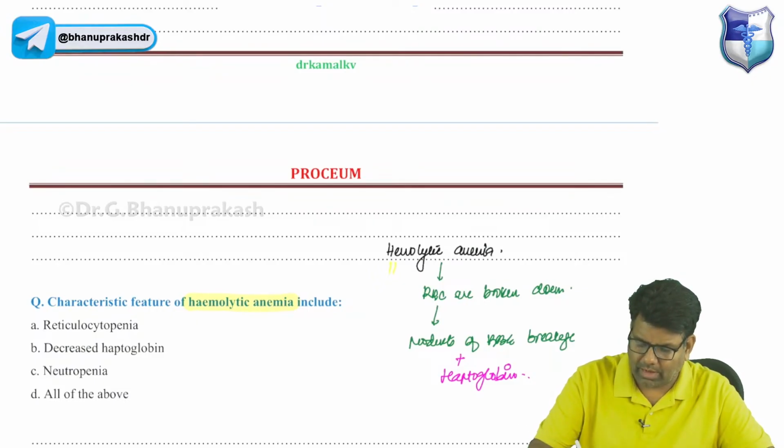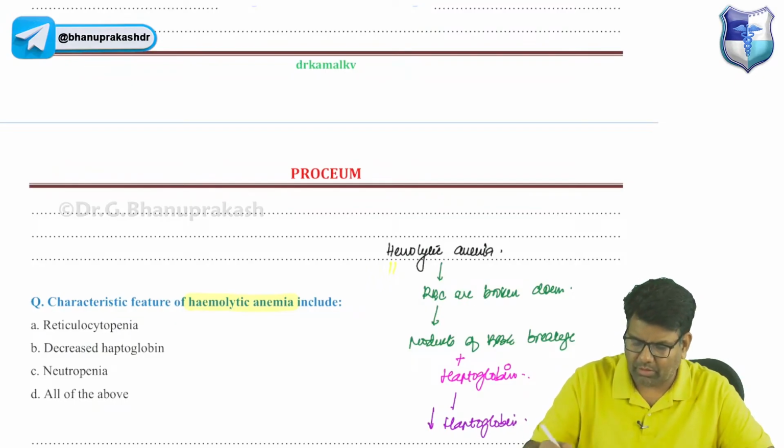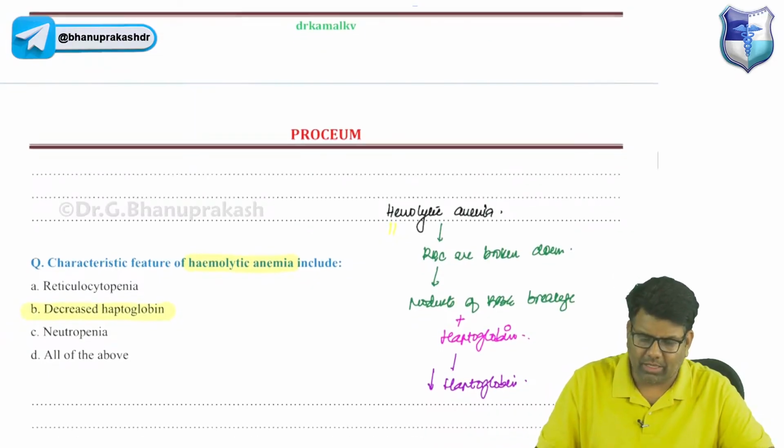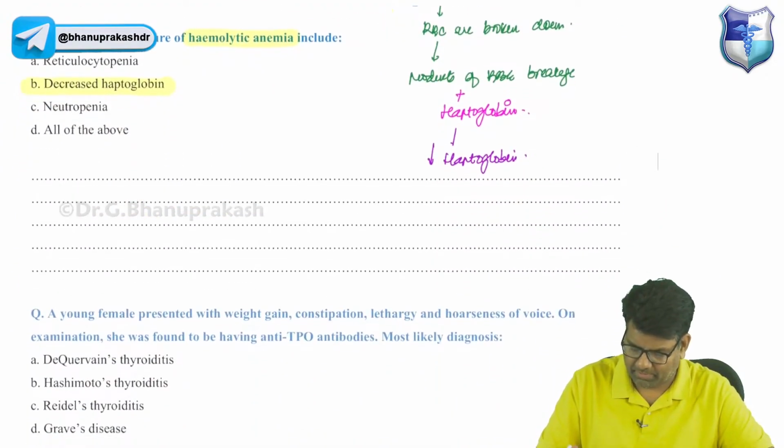What should happen to the levels of haptoglobin, because it is all neutralized? What will happen? Decreased haptoglobin. Okay? Perfect. Decreased haptoglobin is a feature of hemolytic anemia.